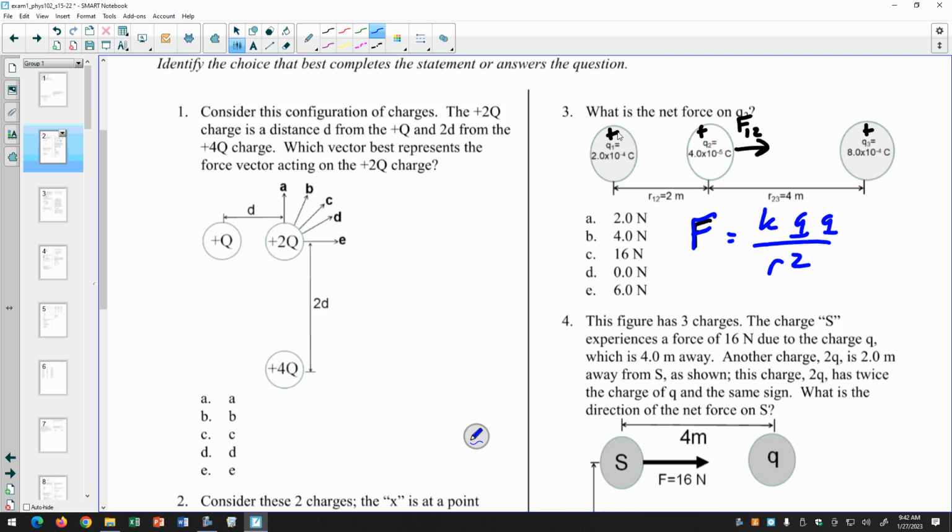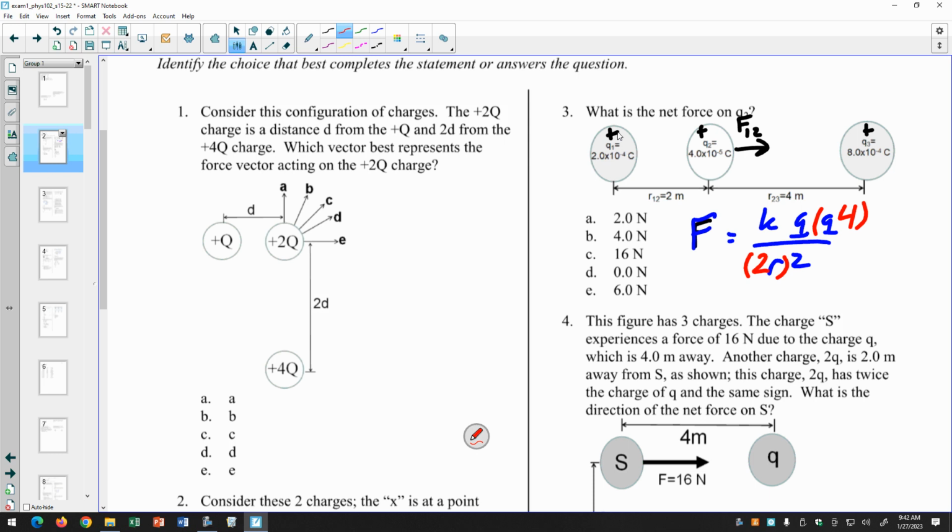Notice that Q3 is 4 times as big as Q1. So I'm going to put a 4 right here, because 8 times 10 to the minus 4 coulombs is 4 times that of 2 times 10 to the minus 4 coulombs. Do you agree? Follow that? And then also notice that the distance, 4 meters, is twice that of 2 meters.